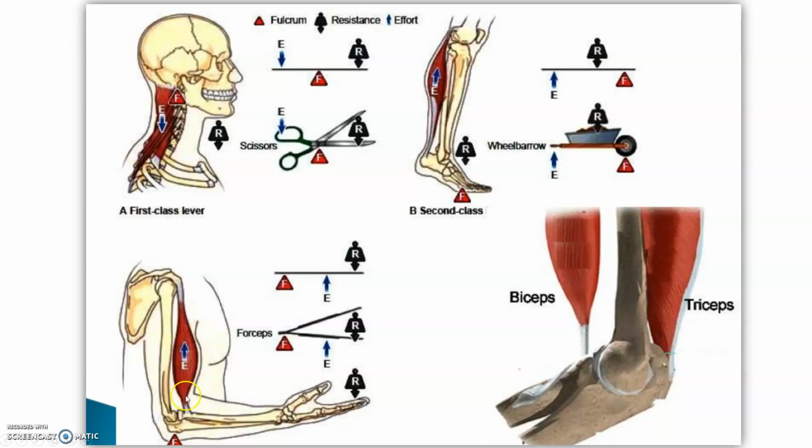So your muscles are pulling up on your arm, and your resistance is, let's say, a weight in your hand. A wheelbarrow or your calf muscles are a second-class lever, where your calf is attached to your heel, pulling up, and your fulcrum is right at the ball of your foot, and your resistance is basically all the weight of your whole body being pushed down through your leg bones. And so that's a second-class lever.